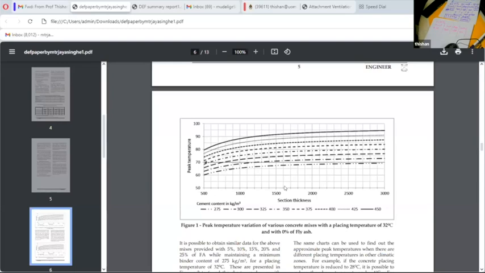So you can see this is a very valuable chart for the design engineer. When he selects, he will not blindly select the cement content, he will not blindly select the grade of concrete. He will be fully aware of the difficulties of the construction contractor, and he will address all those difficulties at the time that he's designing.